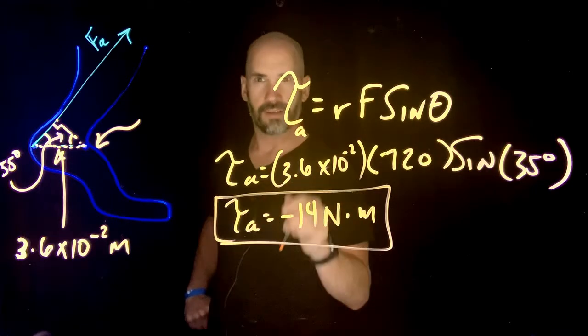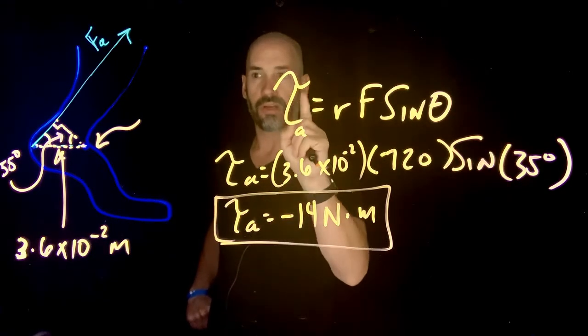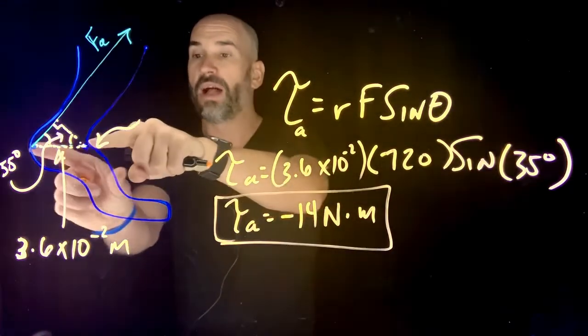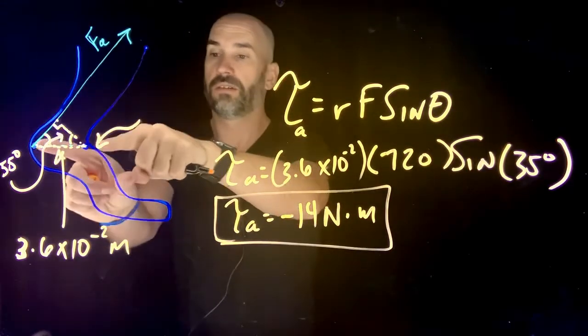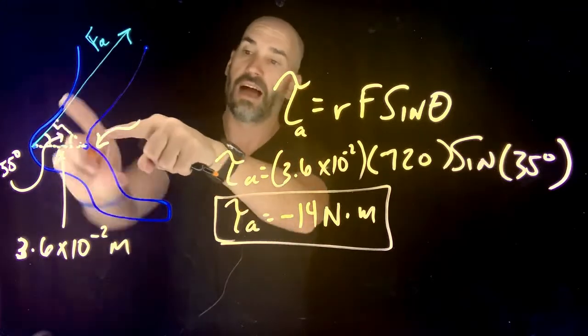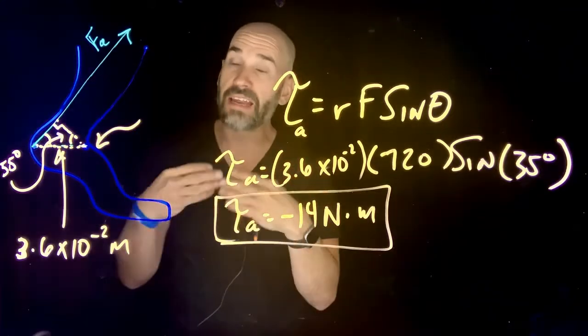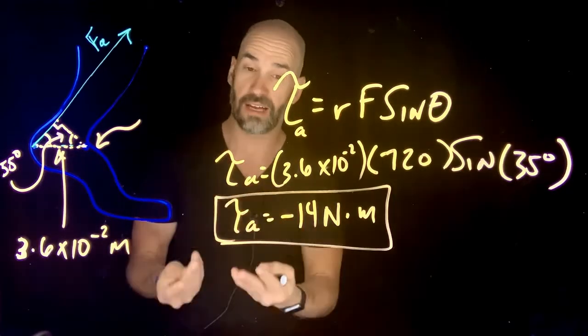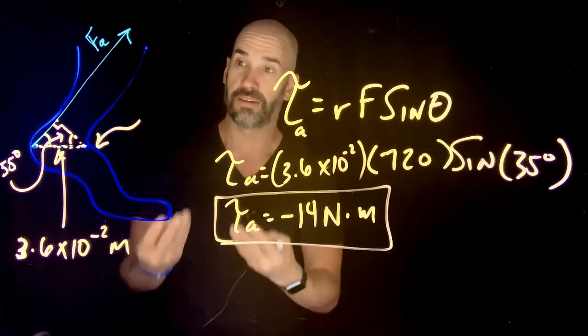Why negative? 3, 2, 1. Because this force here wants to make the foot rotate, right, around in a clockwise manner, all right? And any forces that make an object want to move or rotate clockwise is a negative torque.